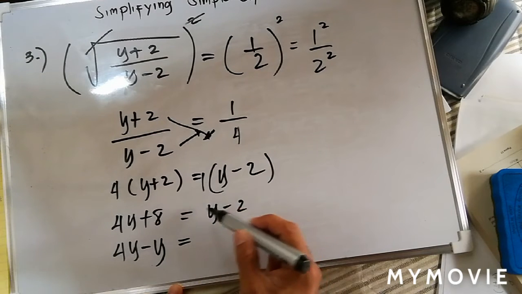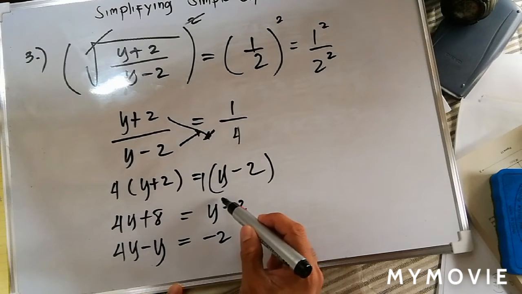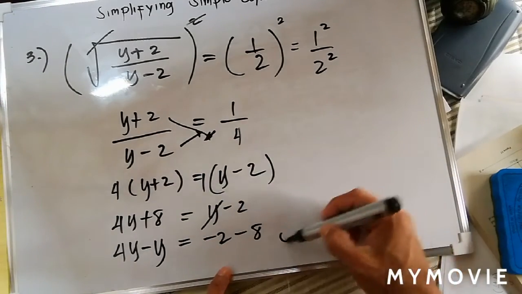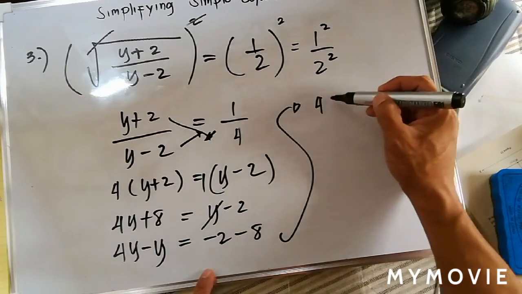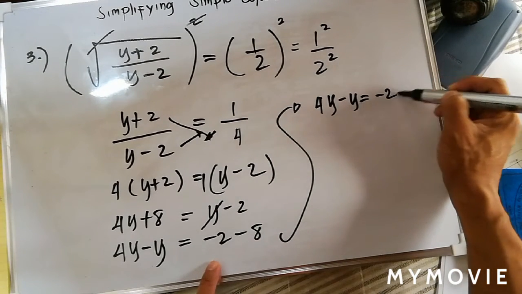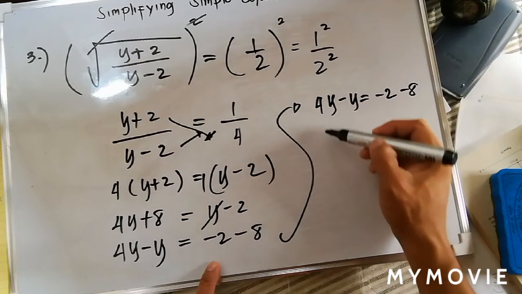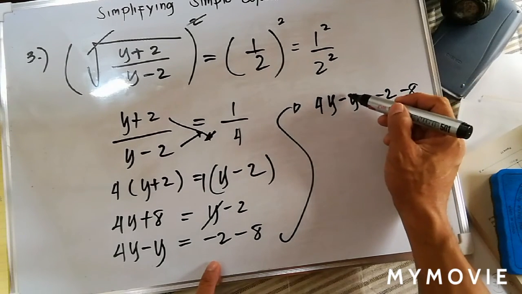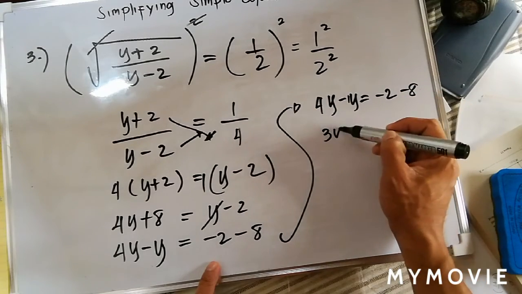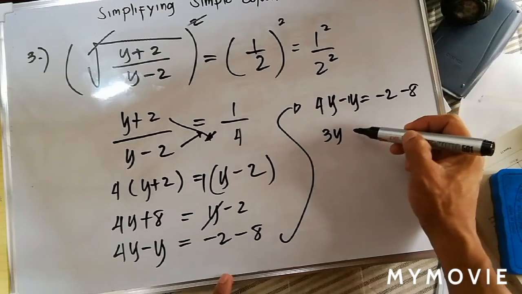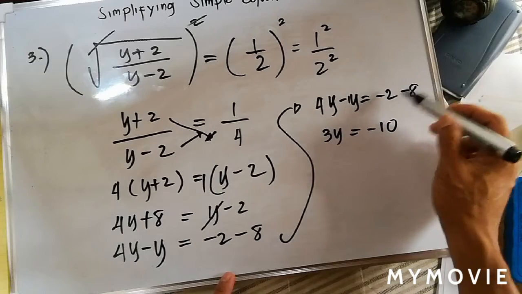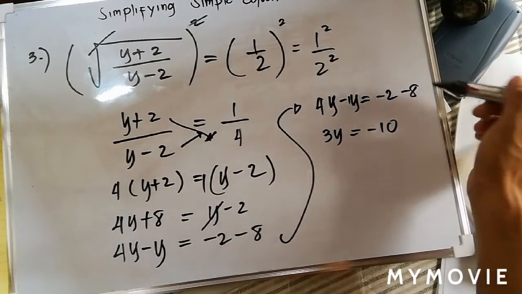The remaining on the left side is 4y minus y, and on the right side negative 2 minus 8. Simplifying, 4y minus y, since the coefficient is 1, becomes 3y, and negative 2 minus 8 is negative 10.